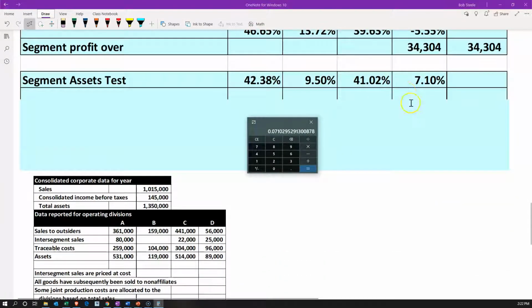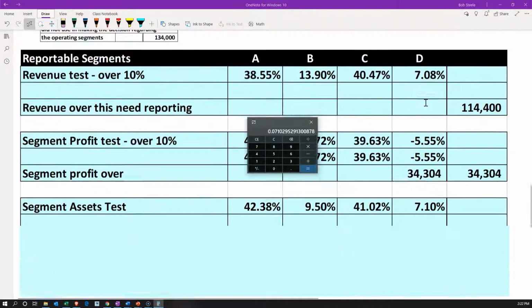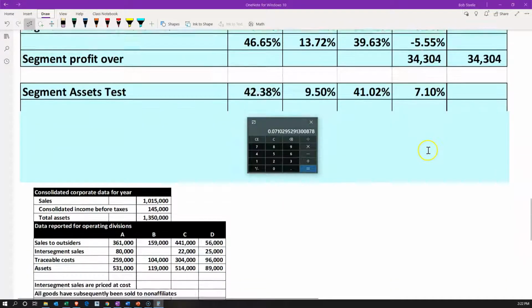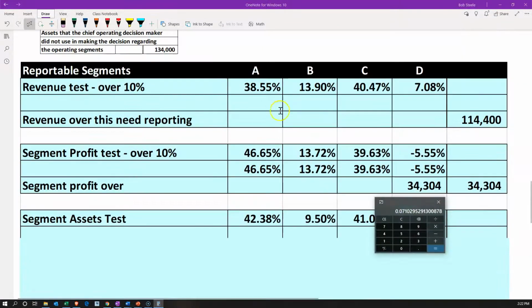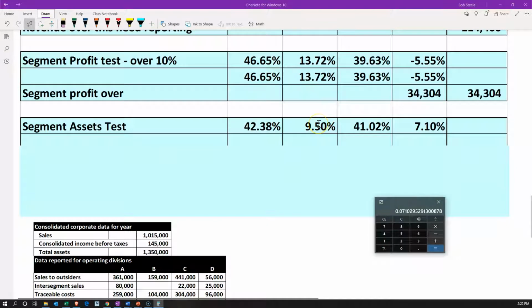So these two don't meet it. This D doesn't meet any of them. So you would think you wouldn't need the added reporting there possibly, and then the other three, these divisions meet, two of them meet all of them, but you only need to meet one, and B didn't meet this one, is just under, but still it met the other two, so then added reporting necessary.